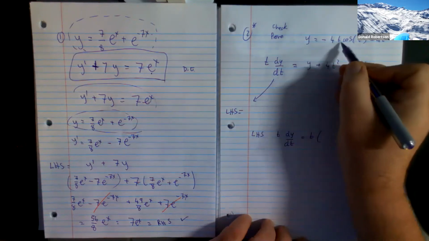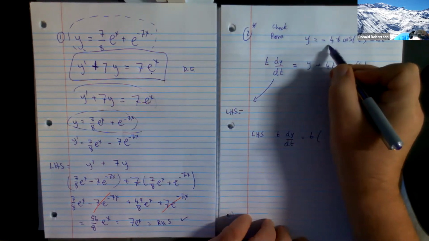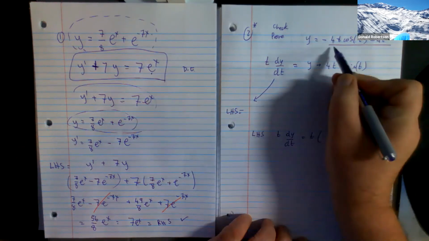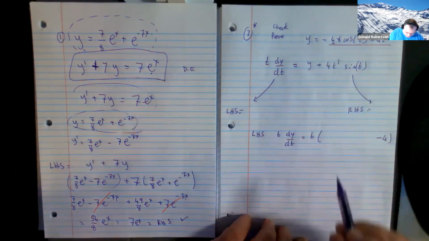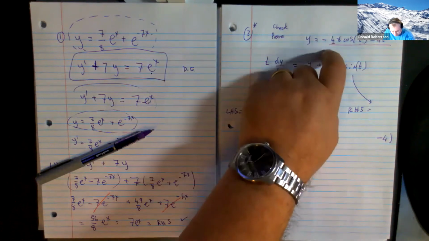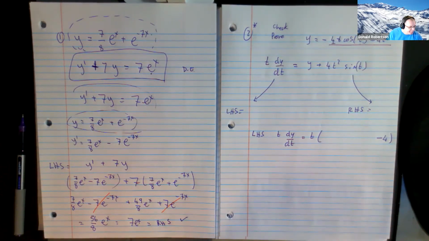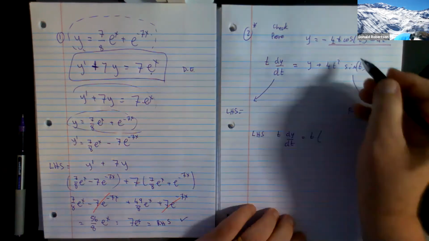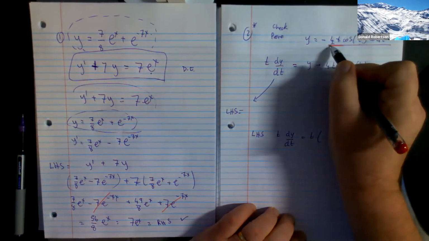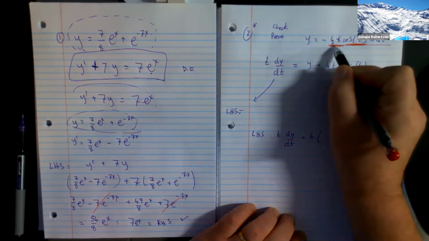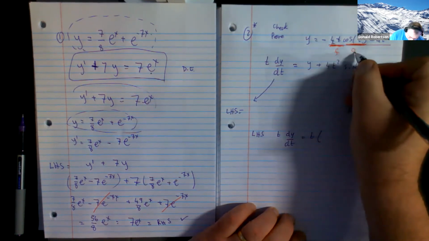Right, the derivative of this fella here. How am I going to find the derivative of -4t cosine t? Product rule. Great.